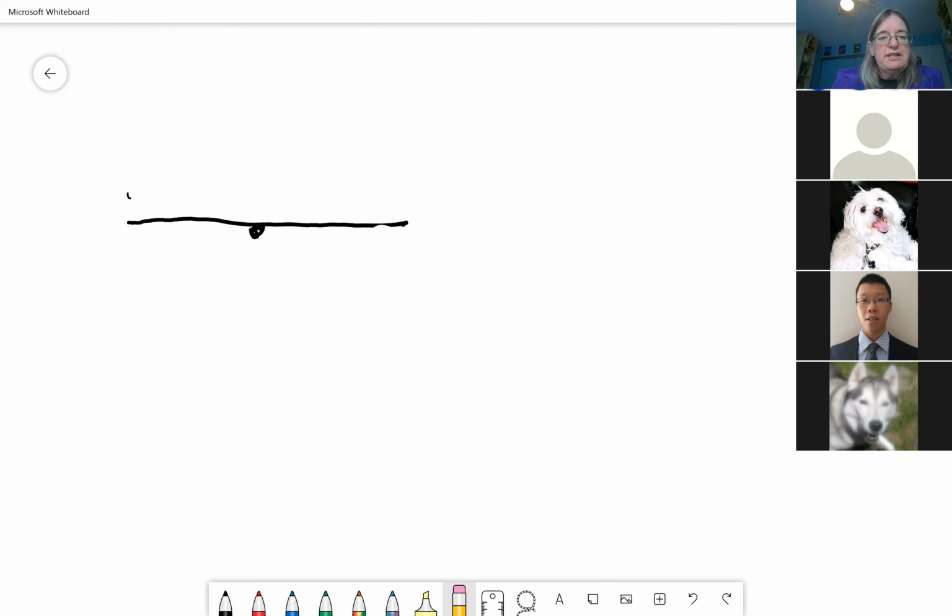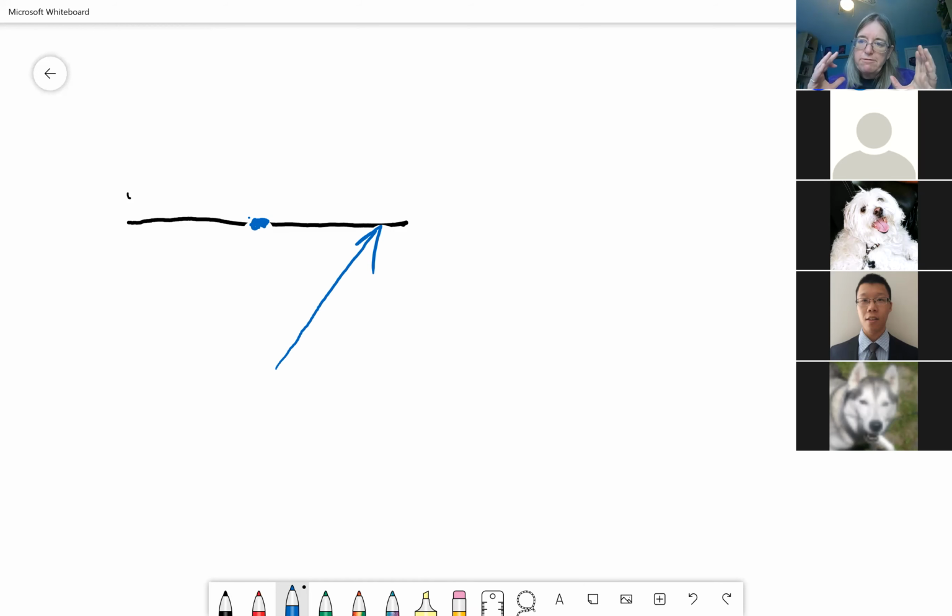So I have this thing and it's on this hinge. And I decide to push on this board here. And it's going to create a torque. Remember, anything that creates rotating motion, rotary motion, is a torque.